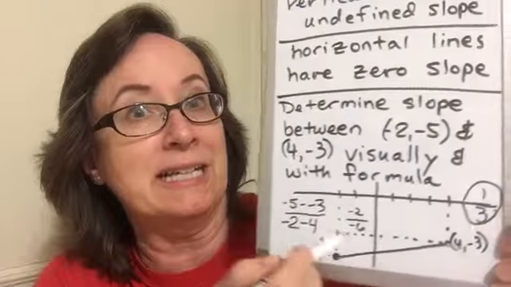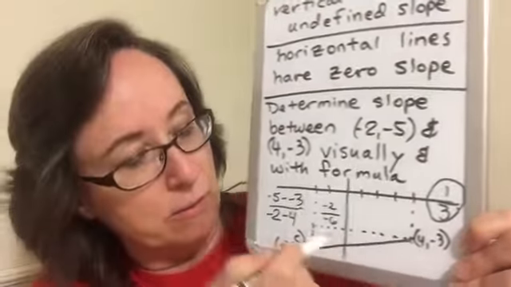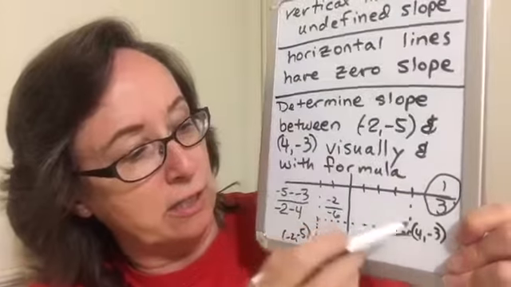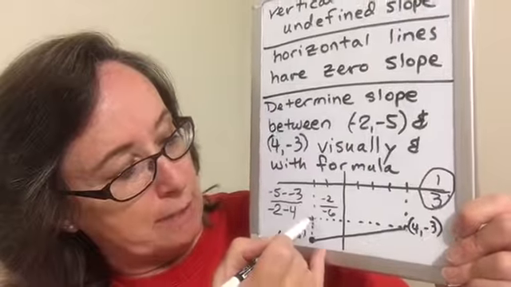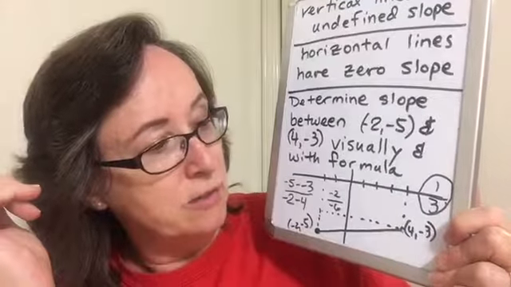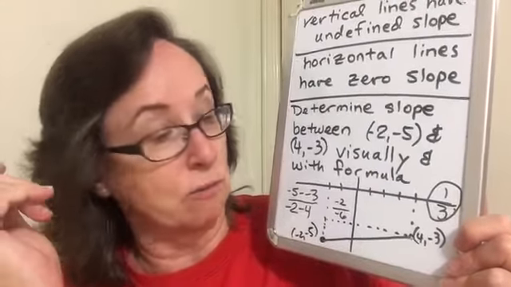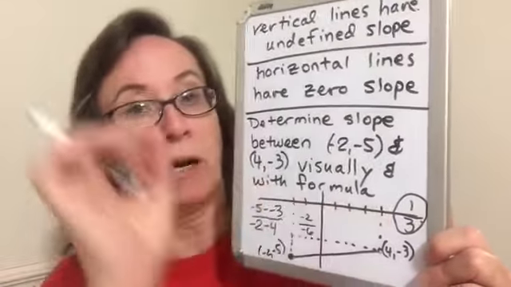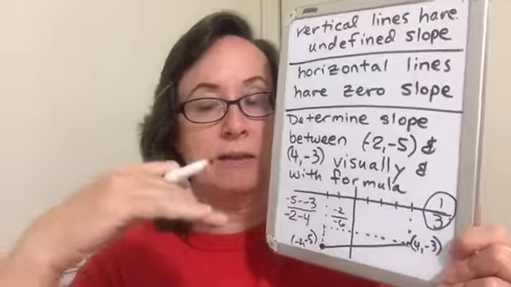So they are 6 steps apart horizontally, and they are 2 steps apart vertically. You have to take 2 steps up to go 6 steps to the right. So 2 over 6 is 1/3. So remember, we're always doing the rise and then the run on the bottom.